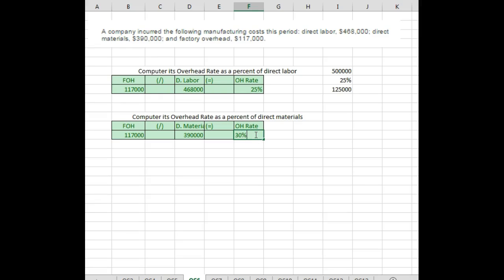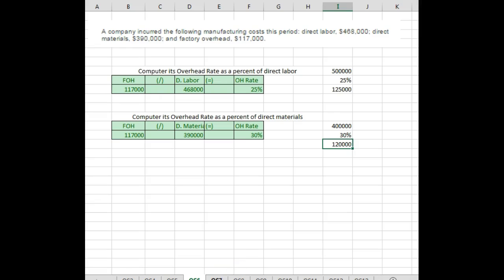And that 30% would be used, again, if my materials became 400,000, and I wanted to know how to apply that overhead. I would use 30% and multiply it times $400,000 and come up with an applied overhead of $120,000. That kind of making sense as we go along?